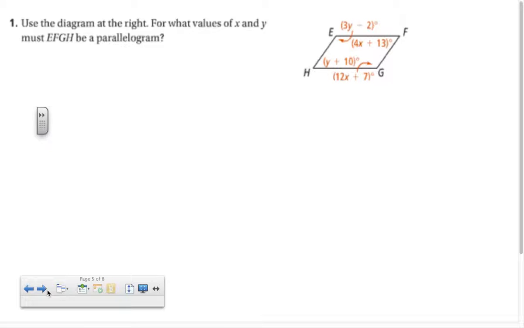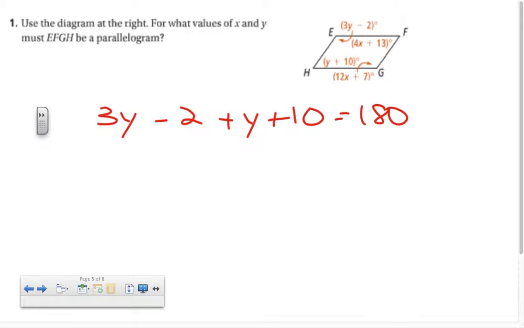And the problem is asking me for both variables, so we got to solve both of those equations. 3y minus 2 plus y plus 10 equals 180. And 4x plus 13 plus 12x plus 7 equals 180.